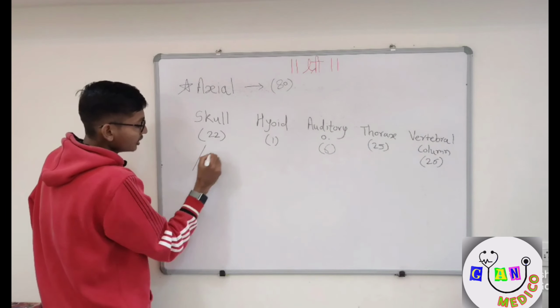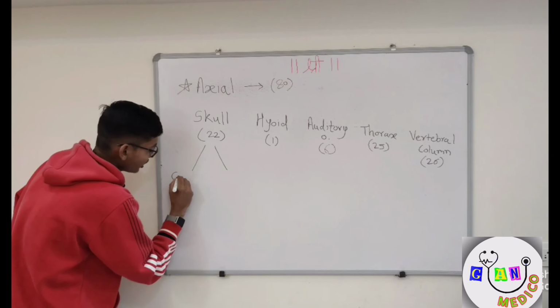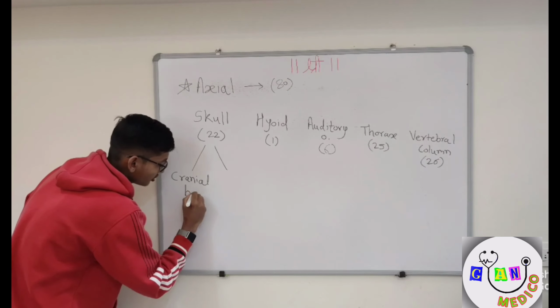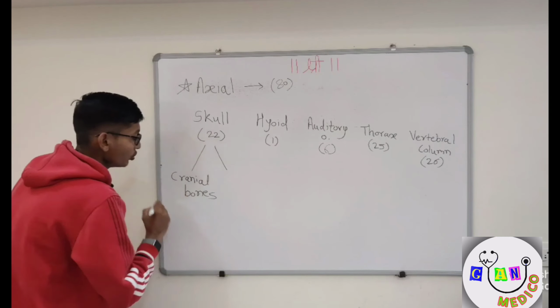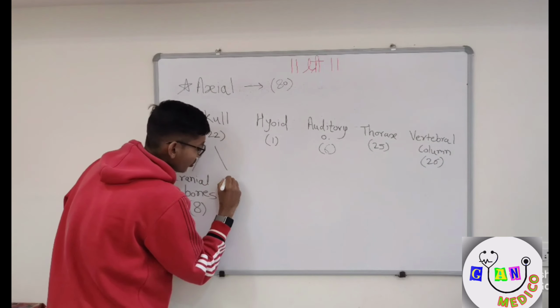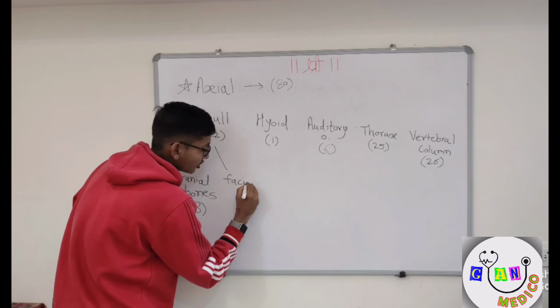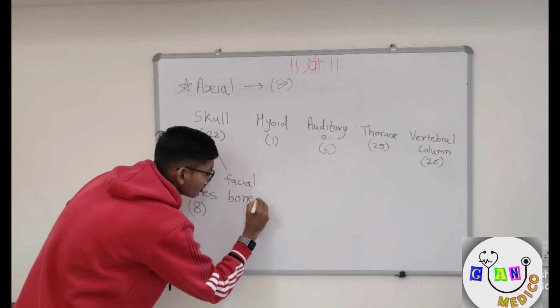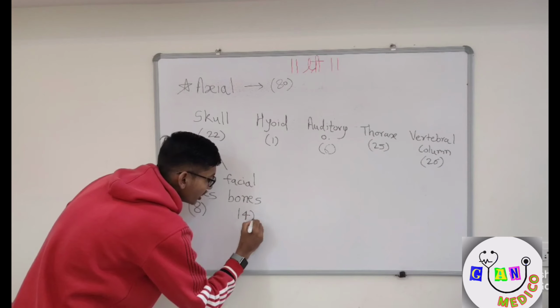Again, skull includes cranial bones. Cranial bones are 8 in number. And second is facial bones, which are 14 in number.